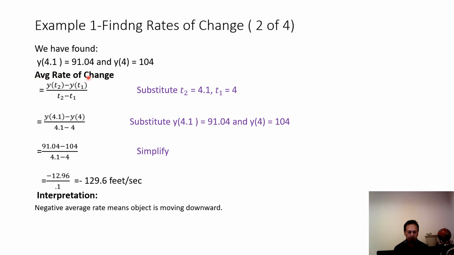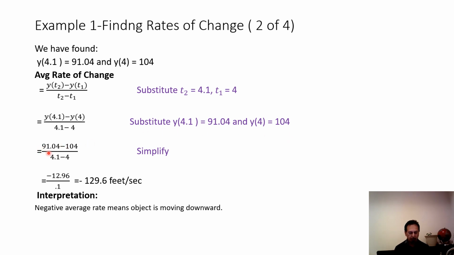Now we write the average rate of change, which is y evaluated at t2 minus y of t1 over t2 minus t1. Now we substitute t2 equals 4.1 and t1 equals 4, and the average rate becomes y of 4.1 minus y of 4 over 4.1 minus 4. Now we substitute y of 4.1 equals 91.04 and y of 4 equals 104.